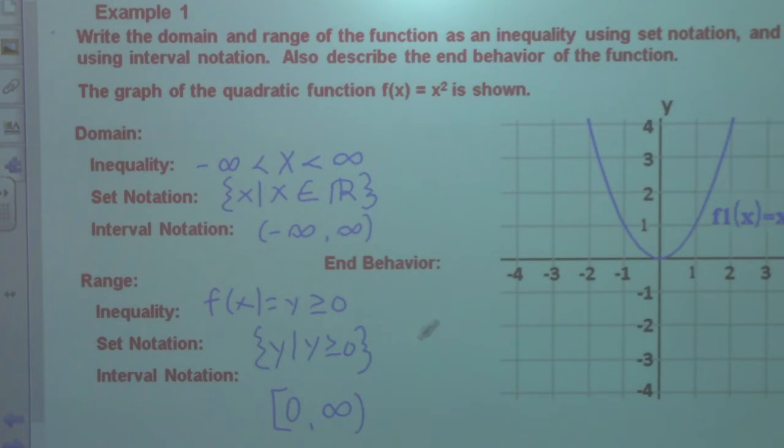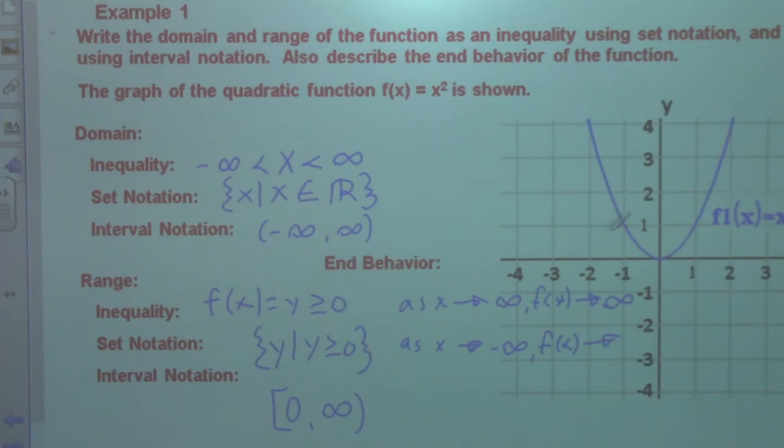Good job. And end behavior: as x approaches infinity, what does f of x approach? f of x approaches infinity. As x approaches negative infinity, what does f of x approach? Infinity. So we're going this way.